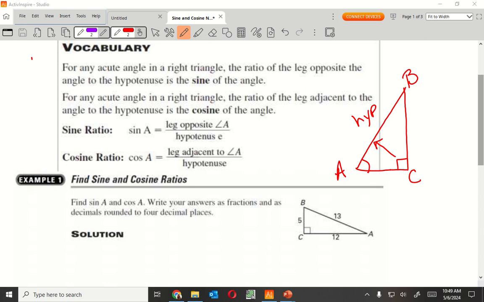That's my hypotenuse. Now, this A is my reference angle. That's where I'm starting my point. So from A as a reference, I'm going to draw another angle going this way. From that angle, it's all the way across, which is going to be my opposite.